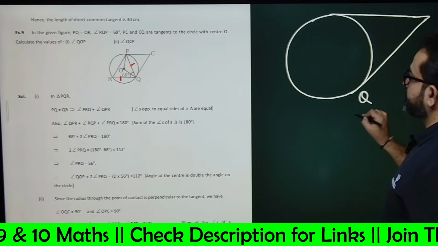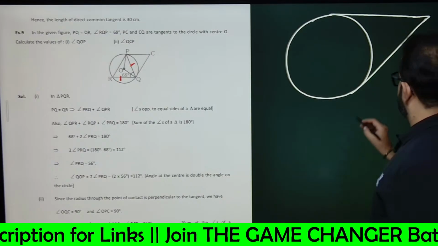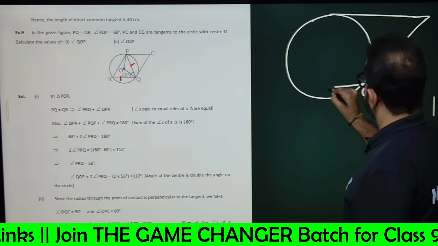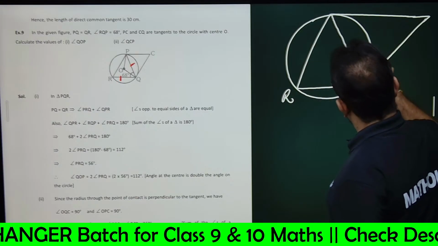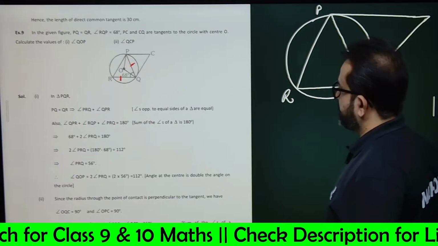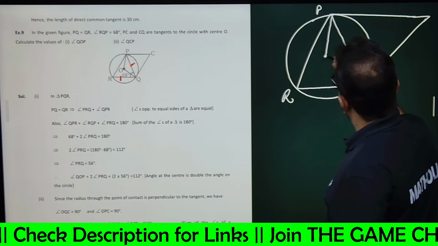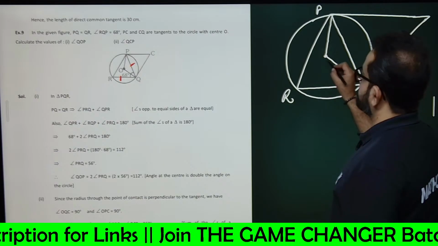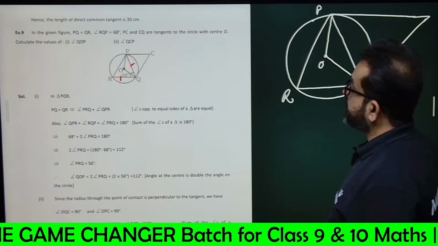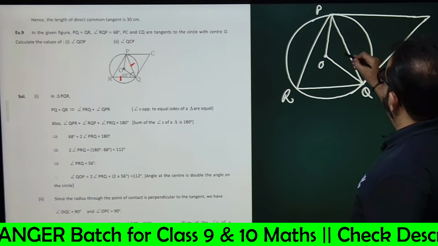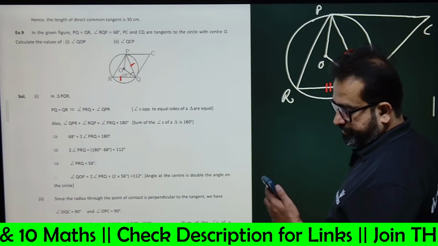This point is Q. From here it's given it is R, and this is connected. This is given as P. Okay, and this center one. This is center, and it is given O. Okay, this is the question, right? PQ equals to QR. This length is equals to this length. Okay, this is point C. Now, what next is given?